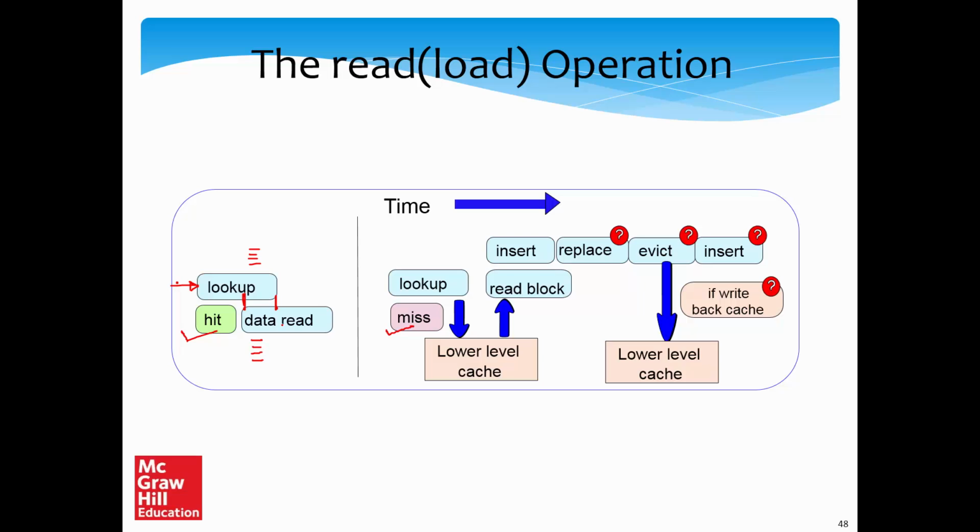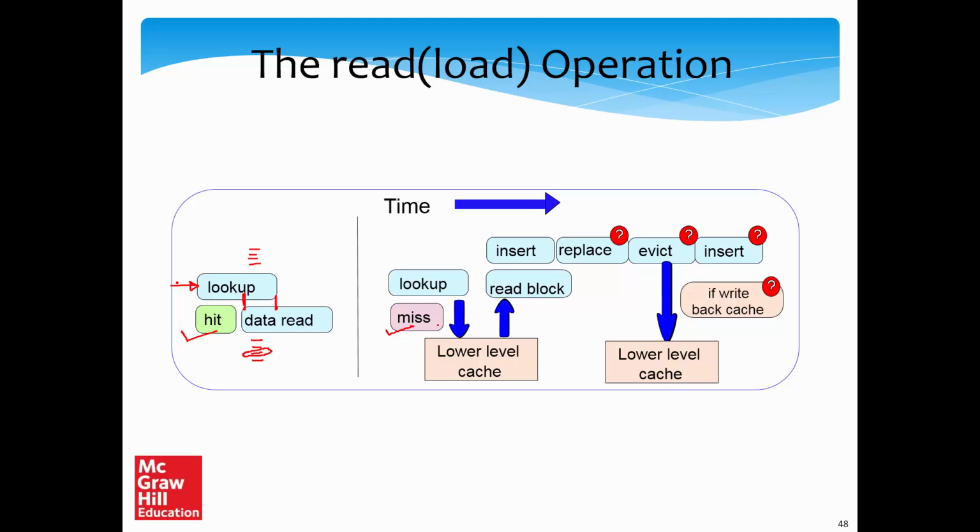We can start reading them in parallel. Even though all 4 will not be required, that's okay. We are trying to reduce the time. At the end of the lookup stage, we know whether it's a hit or miss. If it's a hit and we know exactly which index has the data value, we can then, after the read finishes, choose that one. So at least by a little bit of overlap, we save some time.